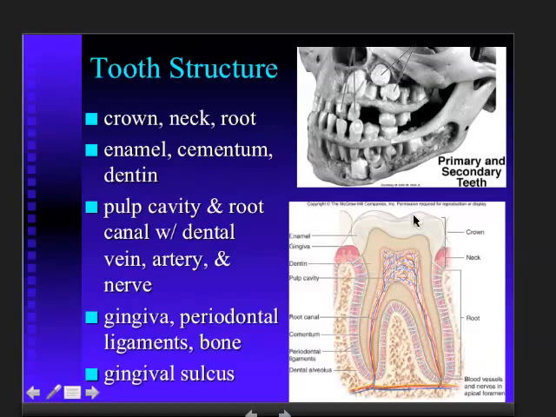Enamel covers the crown of the tooth, or forms the crown of the tooth. And of course, enamel is the hardest material made in nature. Remember I told you about neural crest cells? Neural crest cells give rise to the cells that make enamel, which is, again, a component only found in vertebrates, in creatures with a backbone.